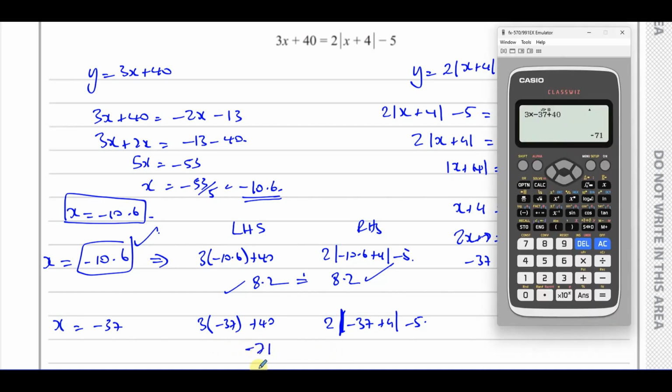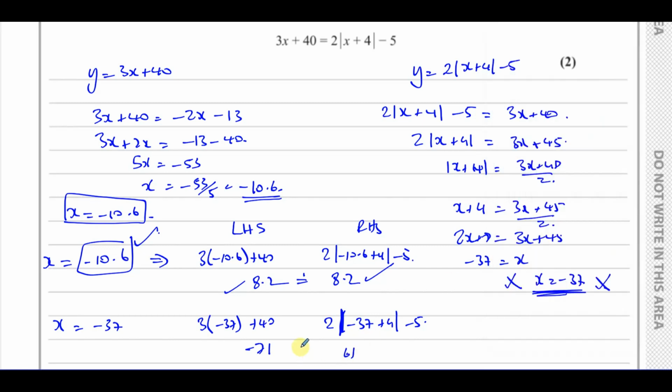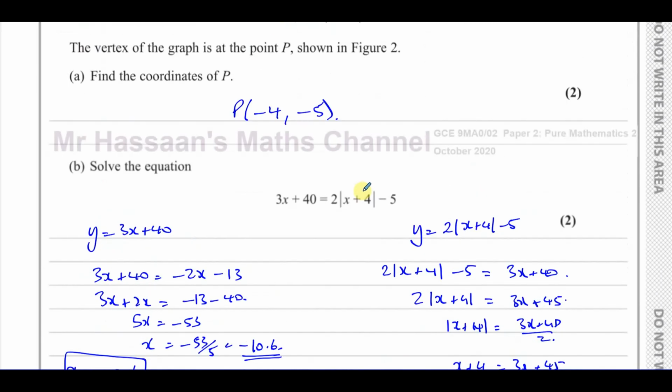And then negative 37 plus 4 is negative 33. That becomes positive, so we have 33 times 2, minus 5. That gives us 61. So we can see that they're not the same. Therefore, this is a false solution, as we can see from our diagram.